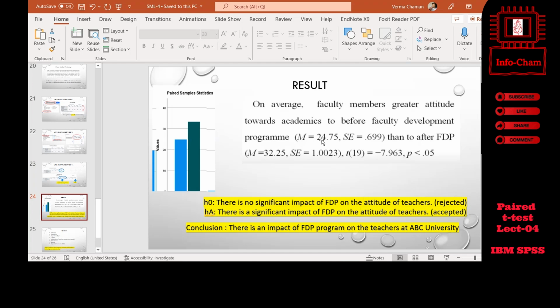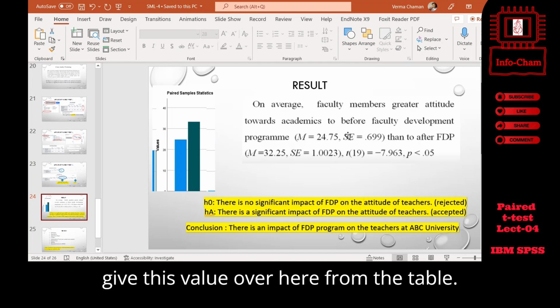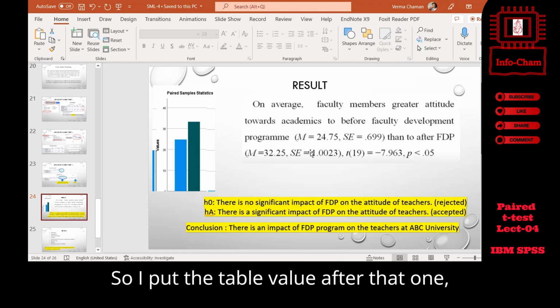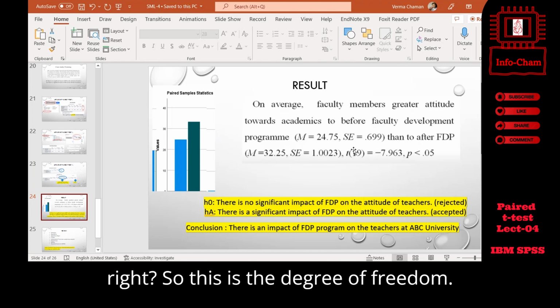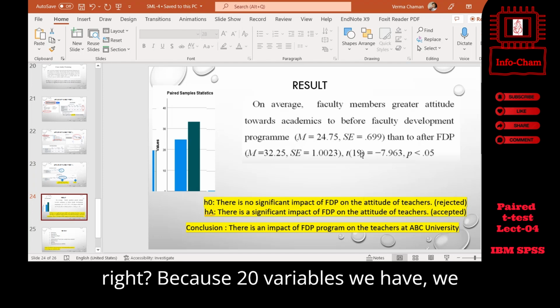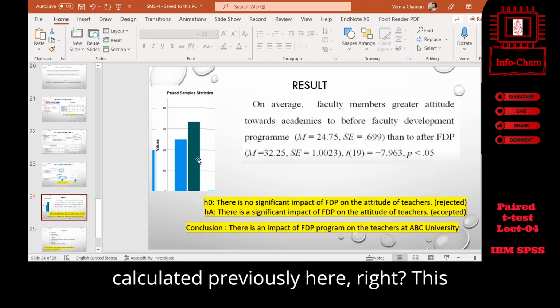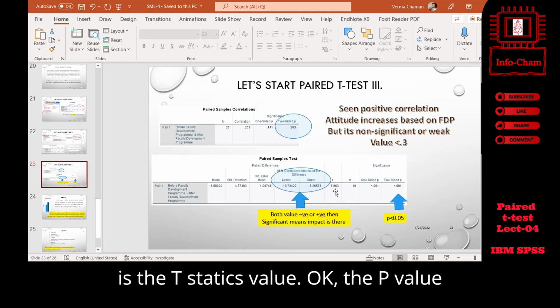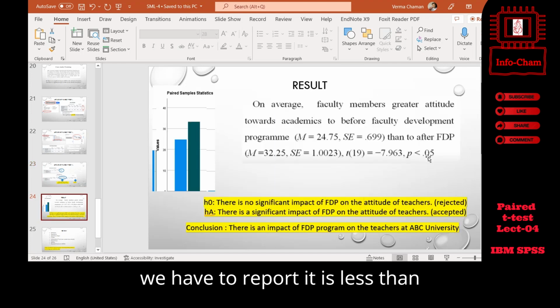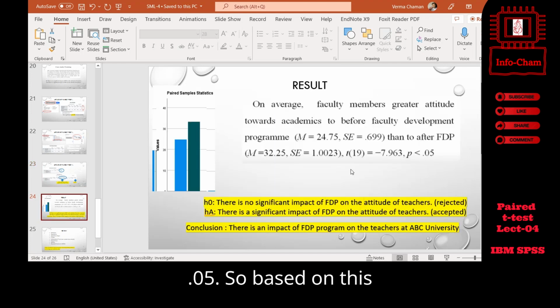So we have to give this value from the table. I put the table value after that. This is the degree of freedom, right? Because we have 20 variables, 20 minus 1 gives 19, and this is the t statistic which we calculated previously here. This is the t statistic value. The p value we have to report is less than 0.05.